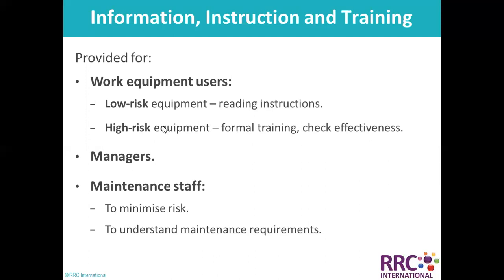Low risk equipment means you can read instructions, and for high risk equipment you need formal training and a check of effectiveness. Like if you purchase a mobile phone, you can easily read the instructions and start using it because you believe it's low risk equipment. But if you're buying a crane and you just have a booklet or operational manual and you start operating, no. You need formal training, and the effectiveness must also be verified.